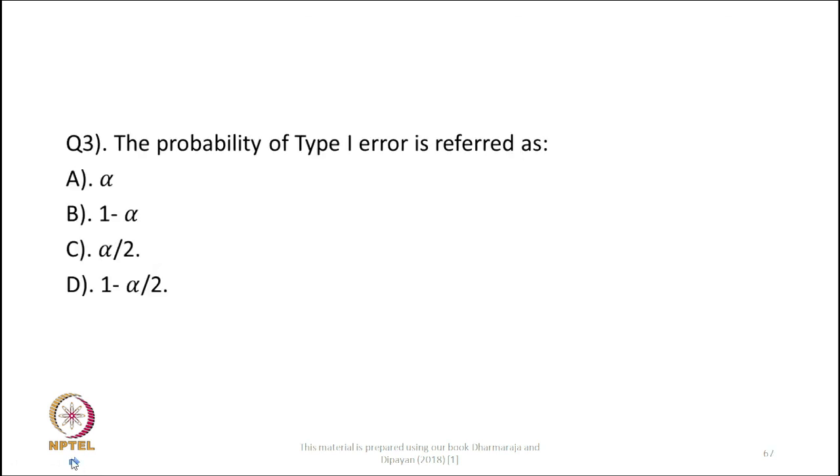Third question, the probability of type 1 error is referred to as. There are 4 options: alpha, 1 minus alpha, alpha by 2, 1 minus alpha by 2. The correct answer is alpha.